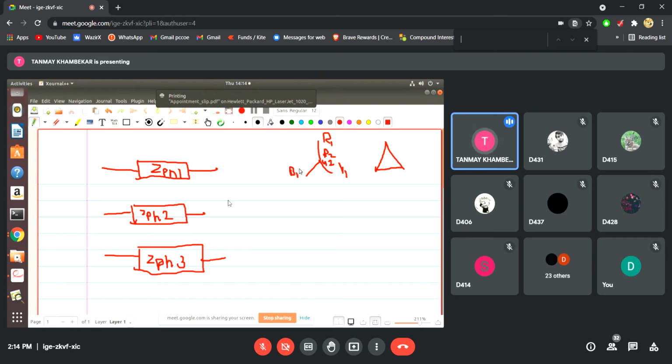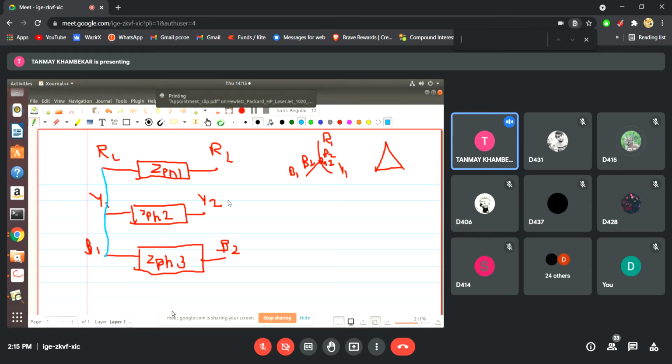All ones or all twos we connect together to form the neutral. Suppose I connect all ones together. So this is connected in star. Understood how to connect the load in star?